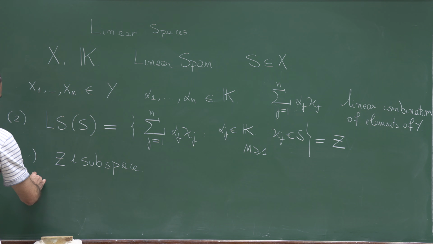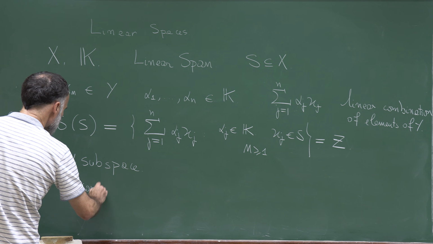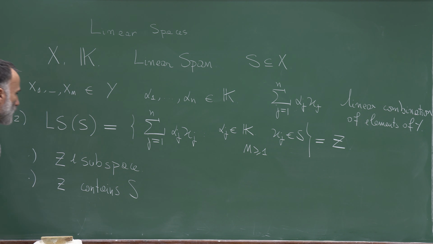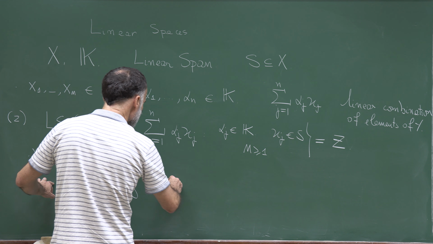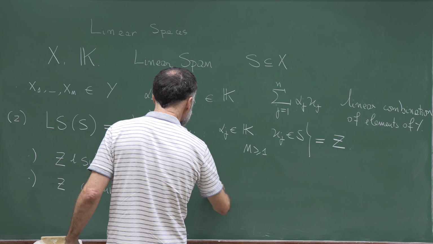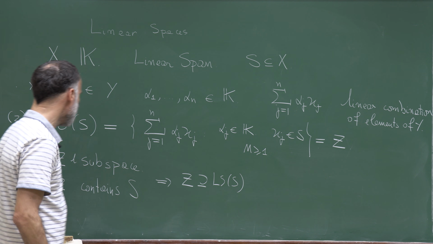Then I have to show that Z contains S. And if I show that Z is a linear subspace which contains S, this will imply that Z contains the linear span of S, because this one is the smallest one.